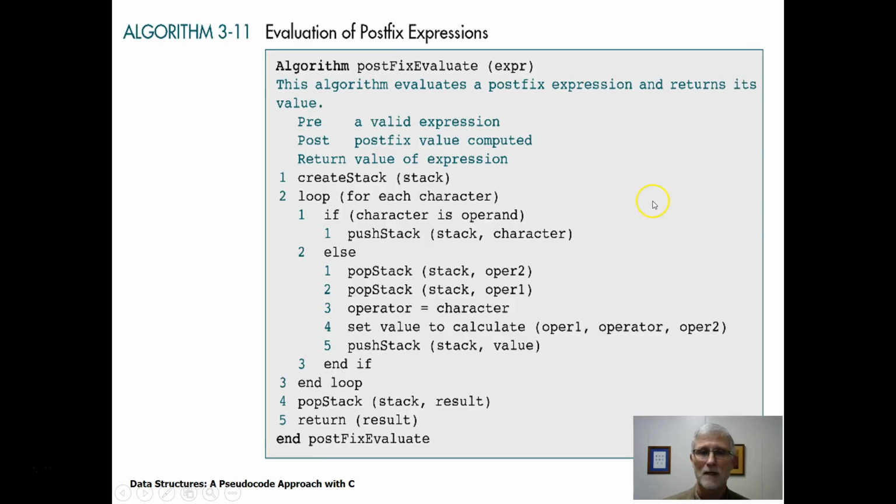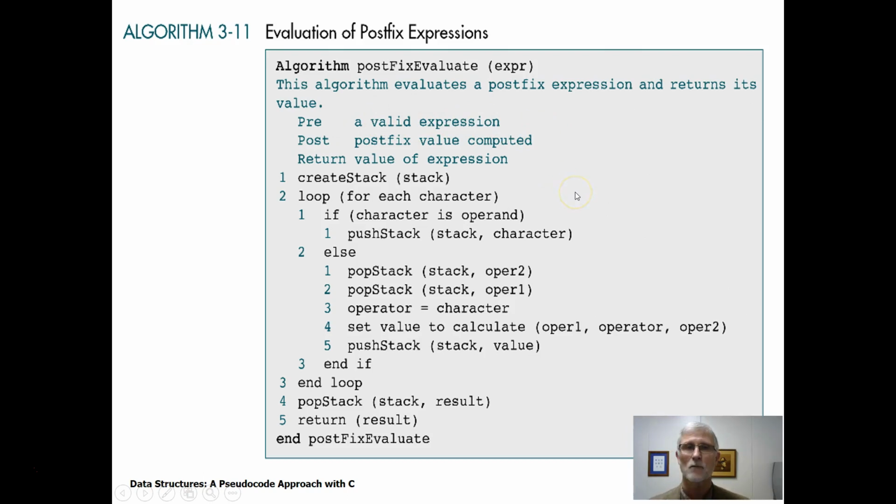Now, here we've got the postfix, and I'm going to evaluate the expression. I'm just going to take the postfix and return whatever value. So I've got a valid expression in postfix. Now remember what postfix is.